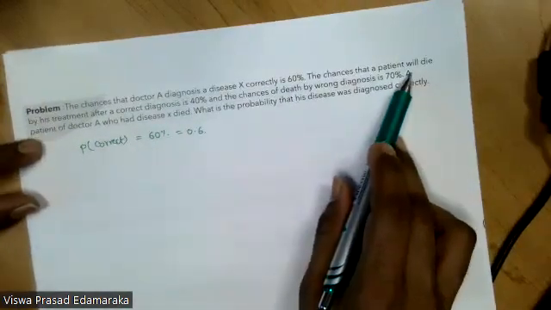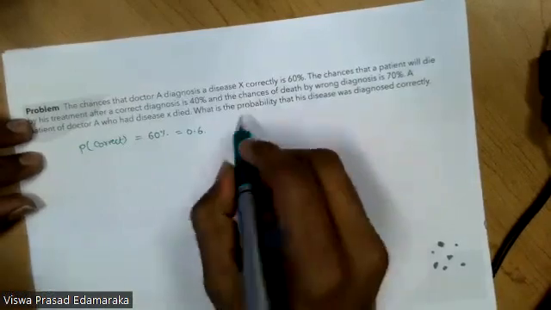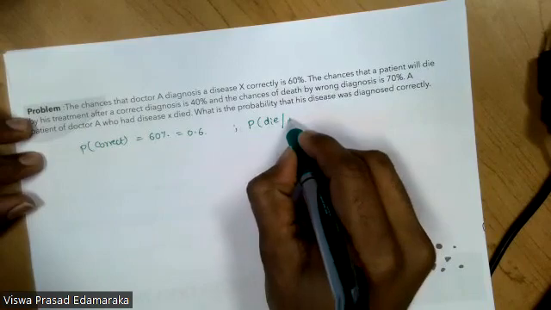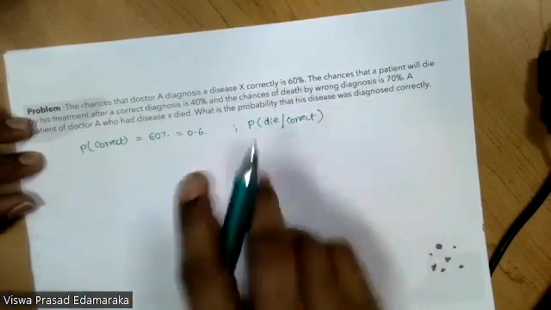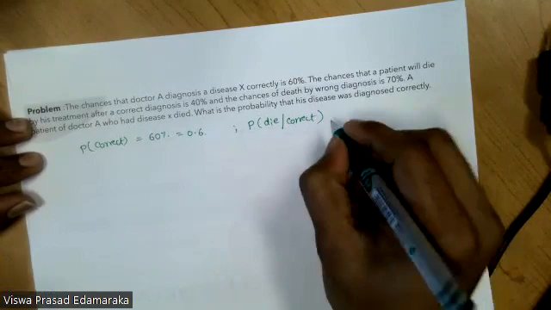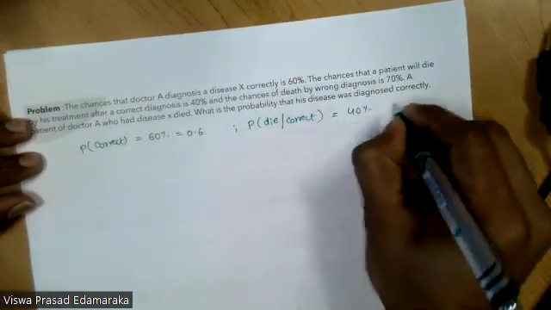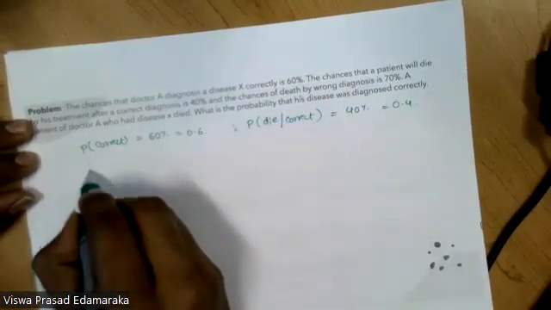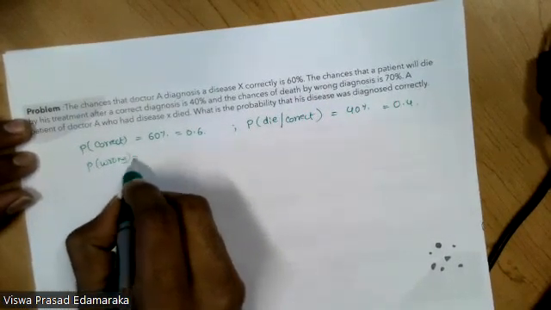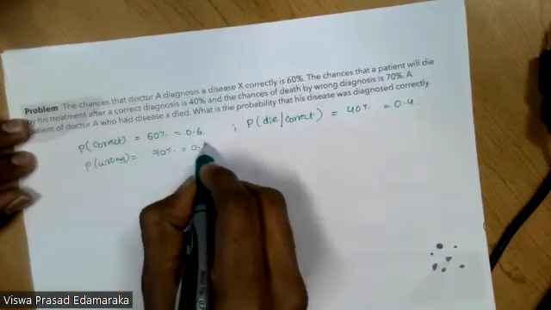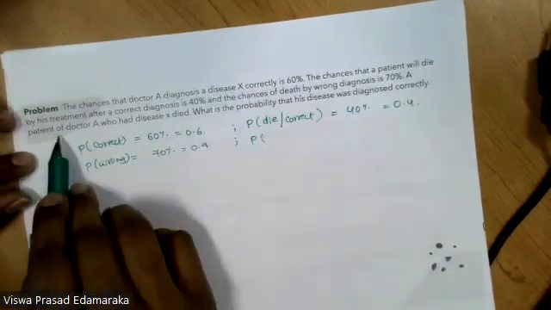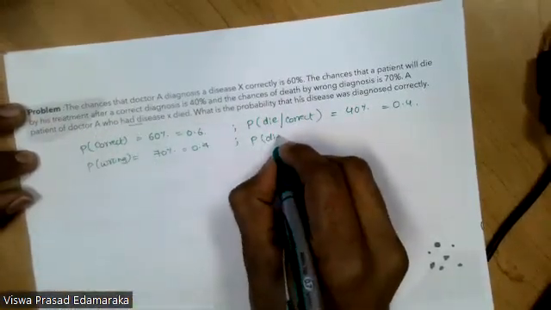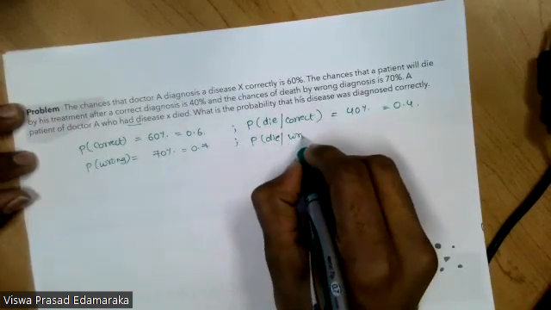The chance that the patient will die by his treatment after correct diagnosis, that is P of die given correct, is 40%, that is 0.4. The chance of death by wrong diagnosis, P of die given wrong, is 70%, that is 0.7.